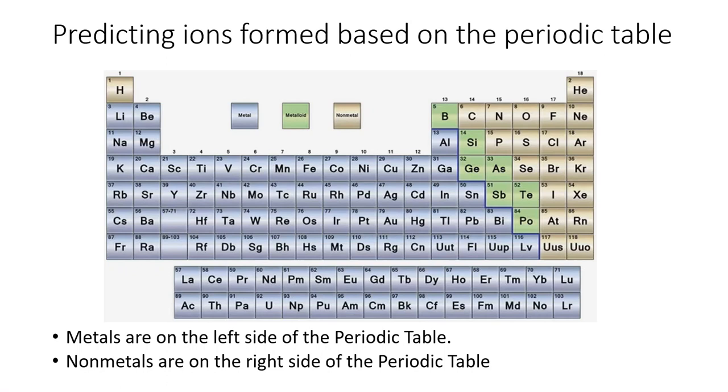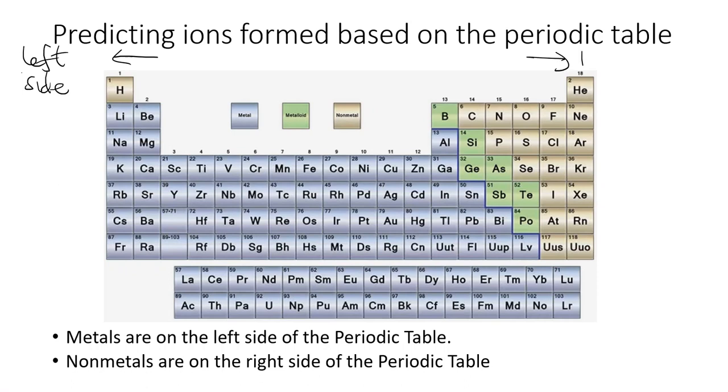Now, how do you know that in this compound we have a metal and we have a non-metal? You can look at the periodic table. The periodic table has two sides. This side is the left side of the periodic table.